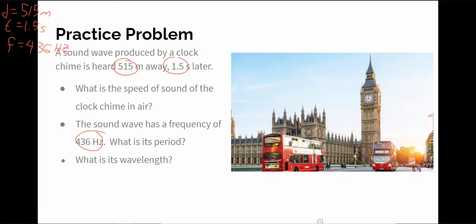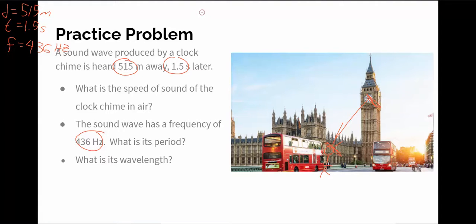So if this was the clock, and you were, let's say, 515 meters away, so let's assume that you were down here. Here you are. So the clock is 515 meters away. Does that make sense? Like that is this distance. So you have a distance, you have a time. Can you find the speed from that?